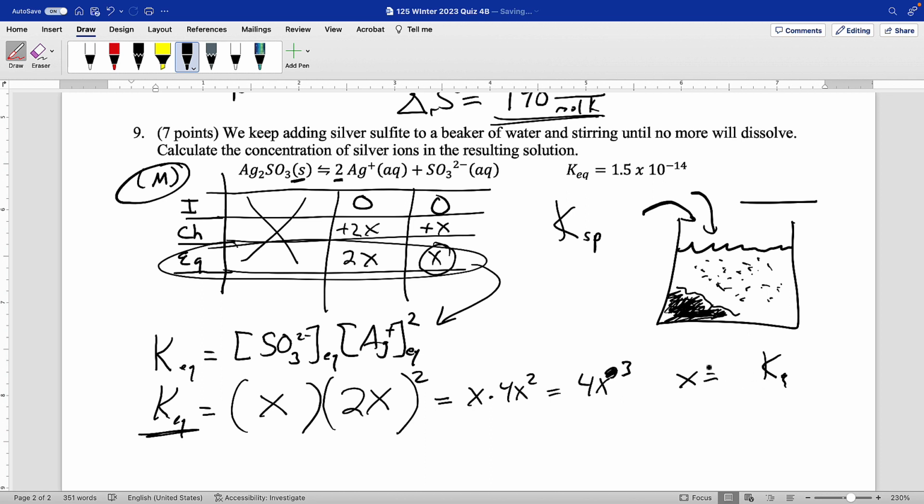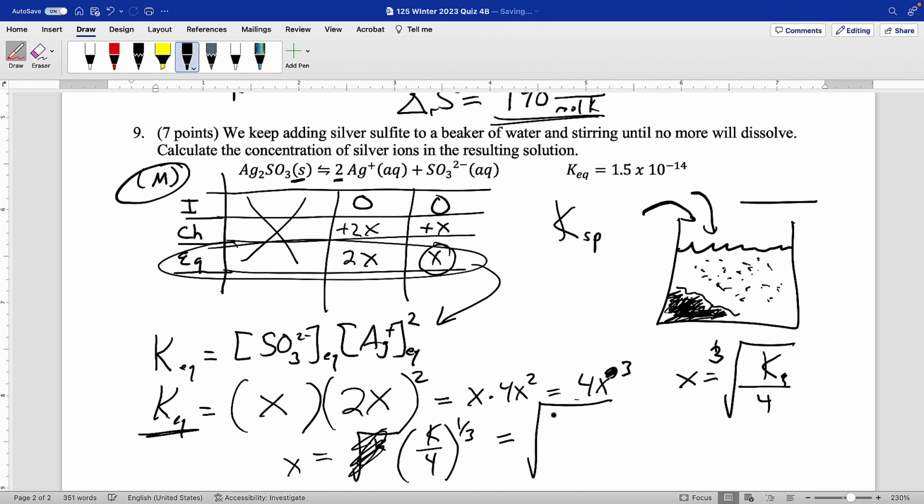Anyway, so we take our K, we're going to have to divide it by 4, and then we're going to take a cube root. You could just as easily write this as K over 4 to the 1/3. That's the same as a cube root. So if you don't have a root key on your calculator, it's the same as taking it to the inverse power.